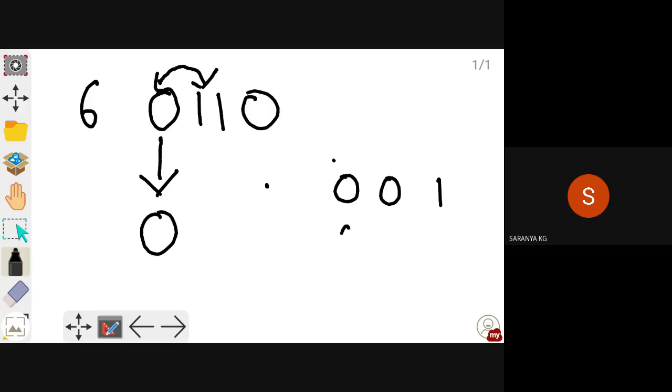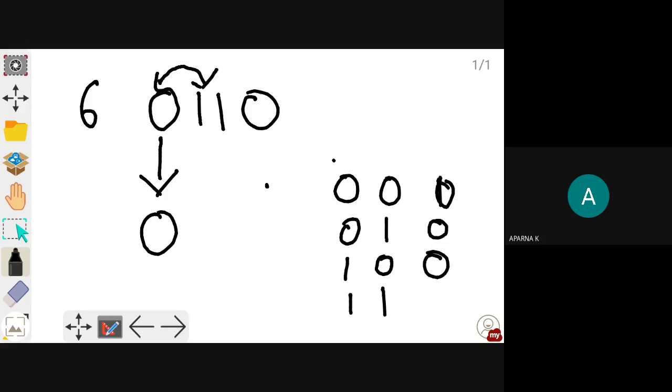For 01, the output will be 1. For 10, the output will be 1, and for 11, the output will be 0. So 00 will be 0, 01 will be 1, 10 will be 1, and 11 will be 0.